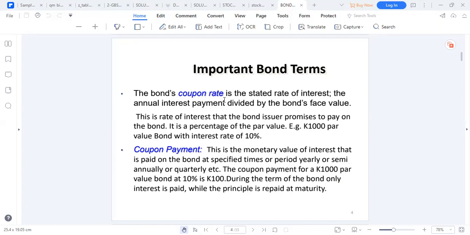The annual interest can be divided into a semi-annual and an annual coupon rate. The coupon rate is the interest rate, for instance, 10%. So the percentage itself is what we call the coupon rate. When we multiply the coupon rate times the par value, we get capital I, which is called the coupon payment or the coupon value. Small i is the coupon rate.